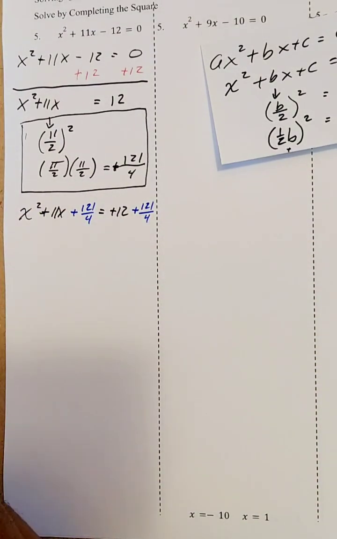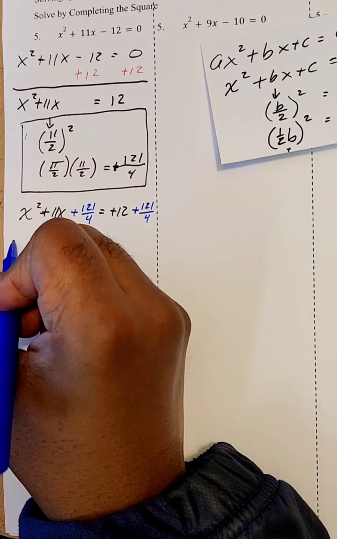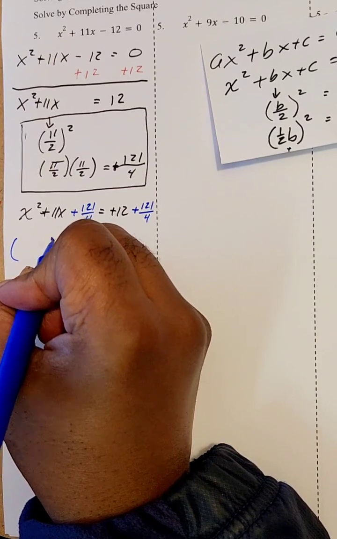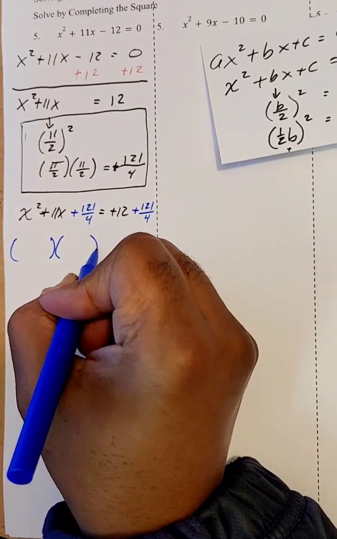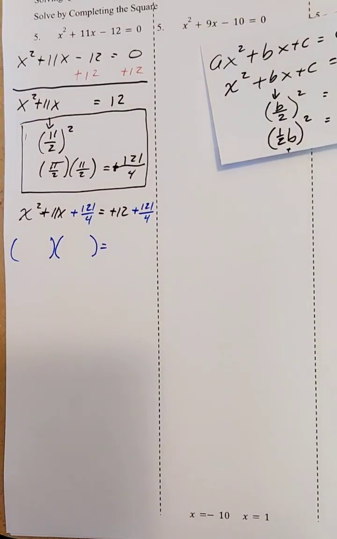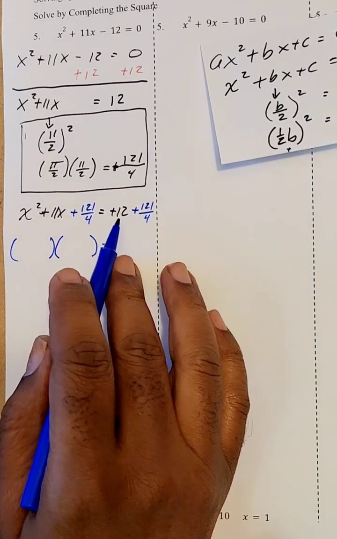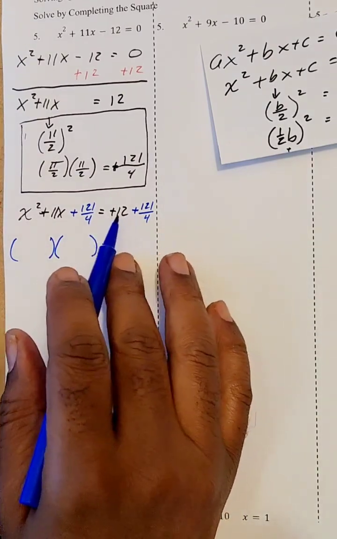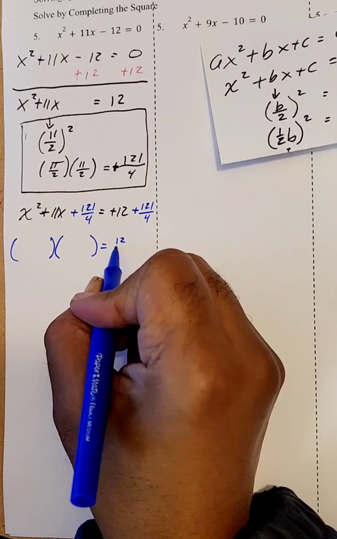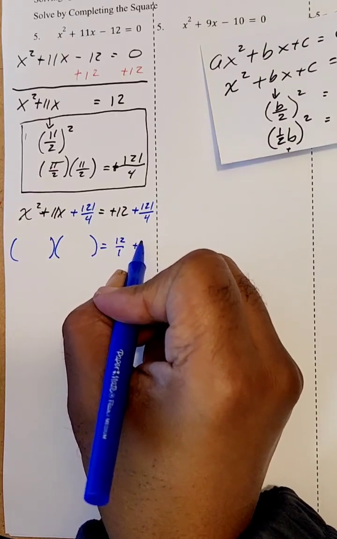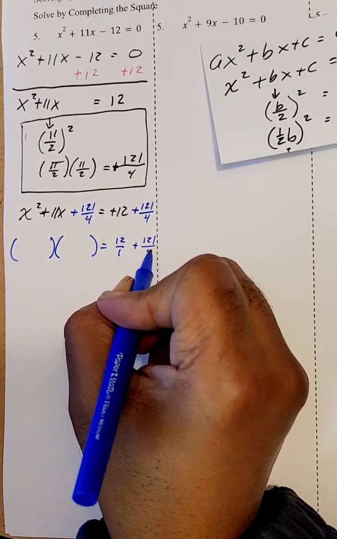Now, this will give us the ability to complete the square and factor this into 2 perfect binomials. And here we have to add these two, and I want them to both be fractions, so I'll make this 12 over 1 plus the 121 over 4.